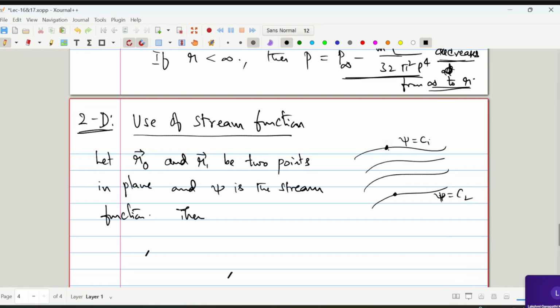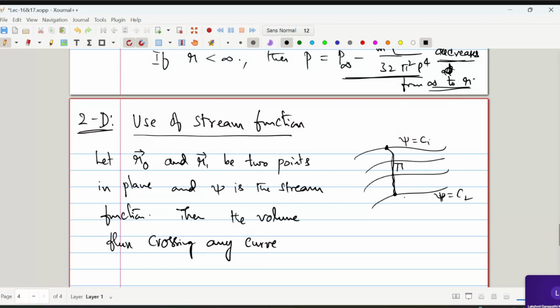Now you connect them with some curve C, or if you want, put it as gamma. Then the volume flux crossing any curve gamma.